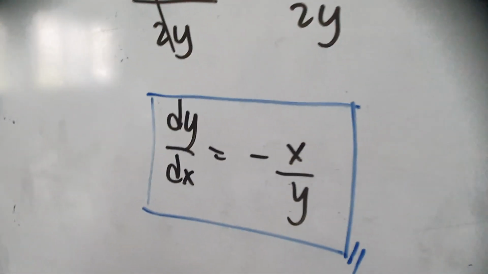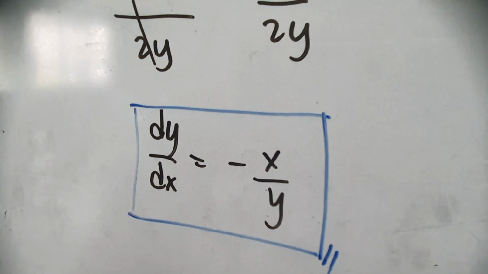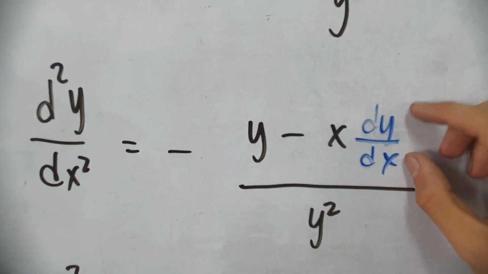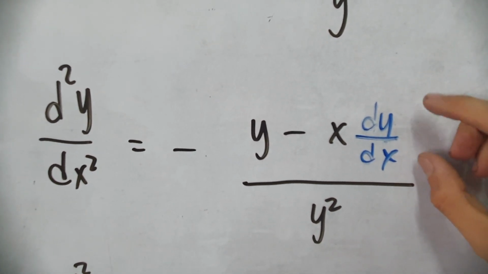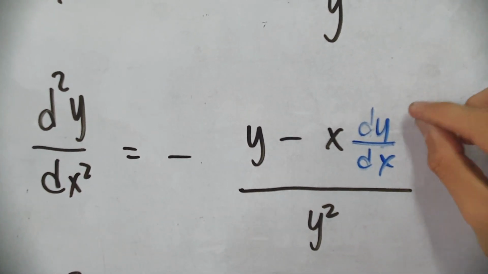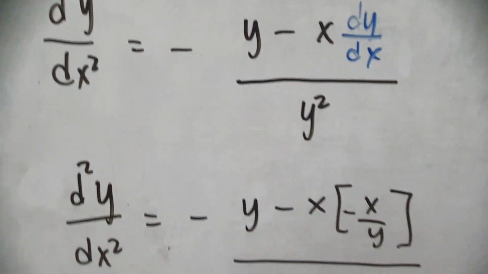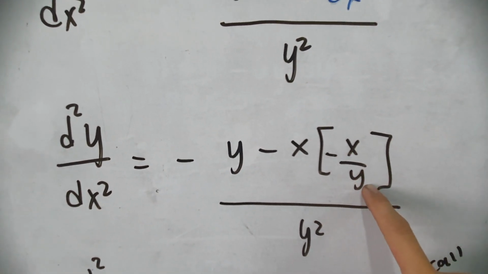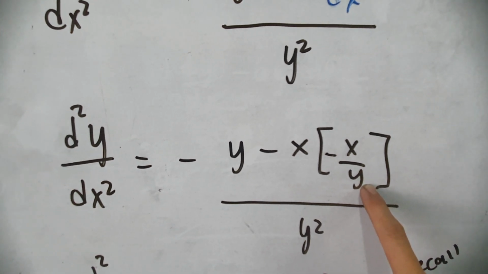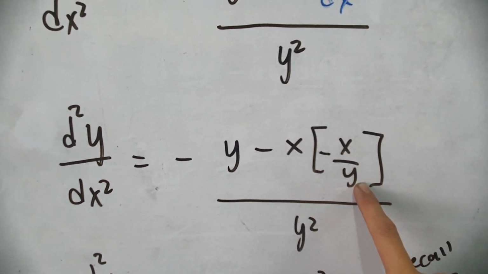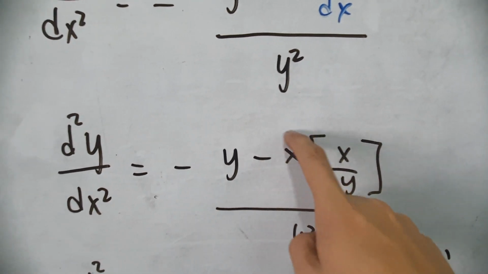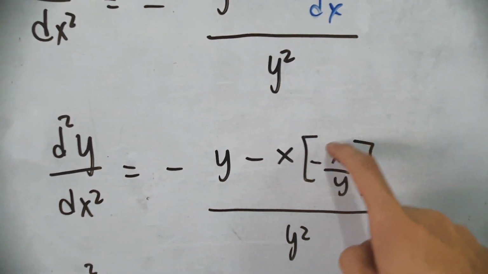We have solved a while ago that dy over dx is equivalent to negative x over y. So we're going to substitute the value of dy over dx from our previous solution. So we have dy over dx is equivalent to negative x over y. We're going to do a little bit of algebra to this one. So we have this term multiplied to this term right here.